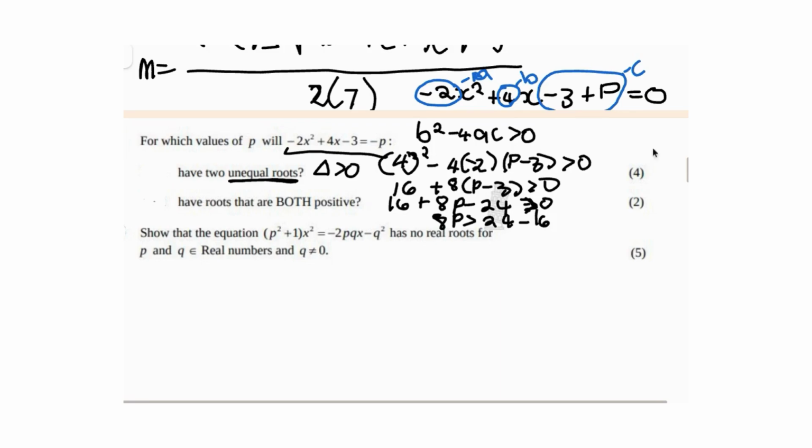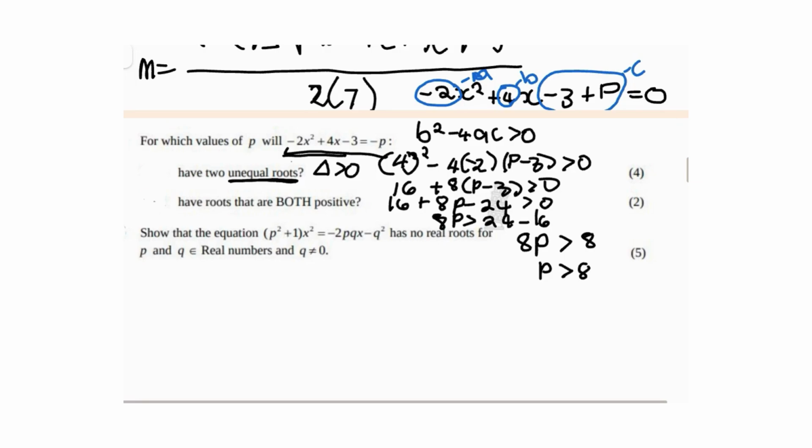Okay, what is 24 minus 16? It gives me 8. So 8p is greater than 8. I divide both sides by 8. So when p is greater than 1, that equation is going to have two unequal roots.